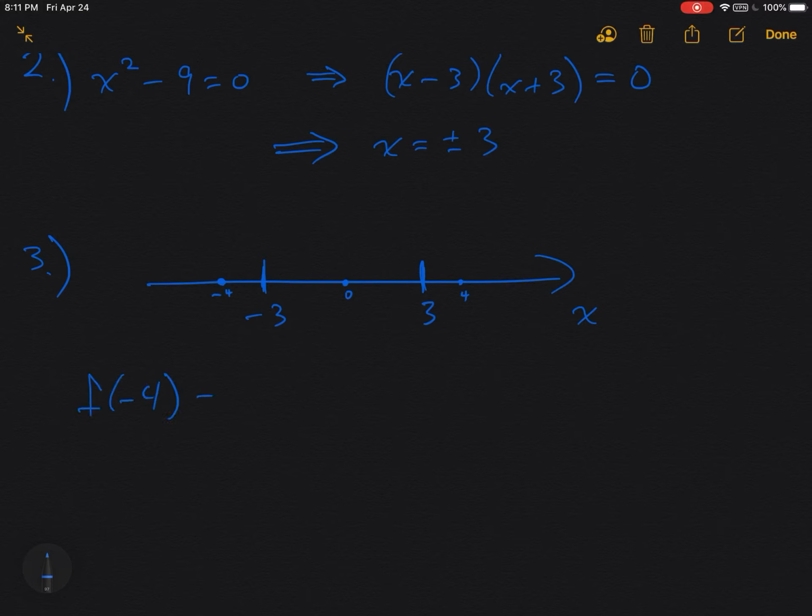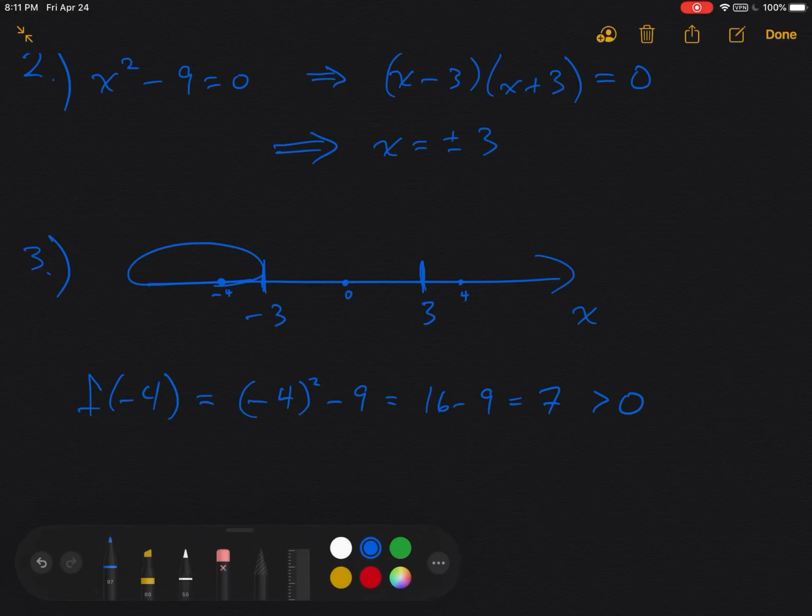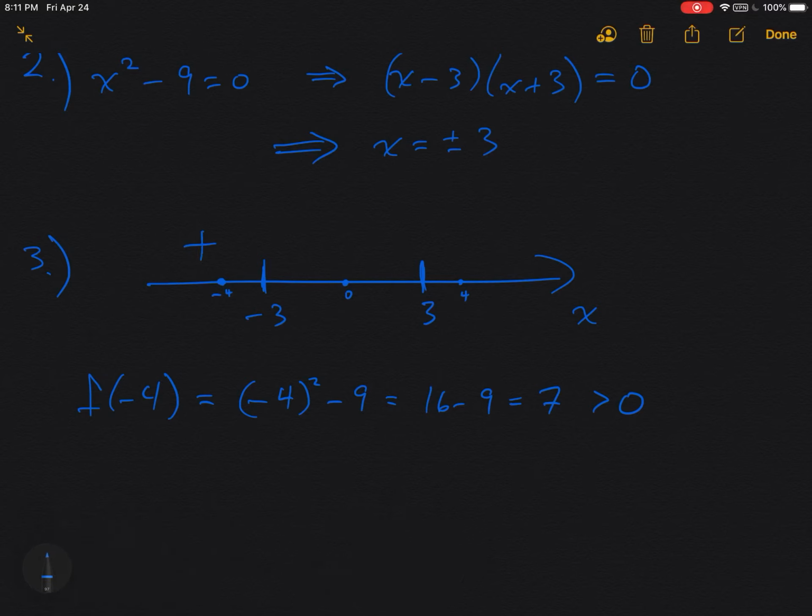So for example, if I take f evaluated at negative 4, remember f was x squared minus 9, so this would be negative 4 squared minus 9, which is 16 minus 9, which is 7. And notice that that's positive. So that means that on this interval here, we're going to get positive f of x values. So this region will be a positive value for f.